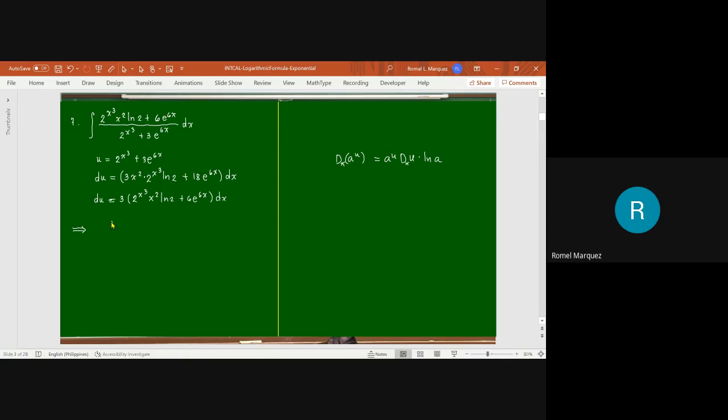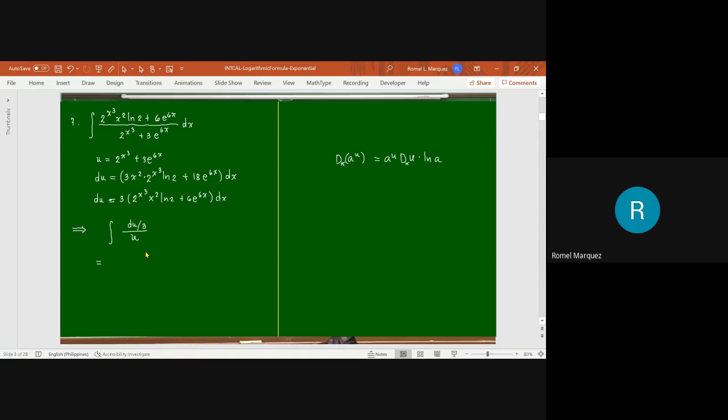We need 1/3. So the numerator together with the dx is du over 3. I just did the substitution to shorten the writing, because I'm lazy to write it long. You can substitute, or just read it without replacing it with u.